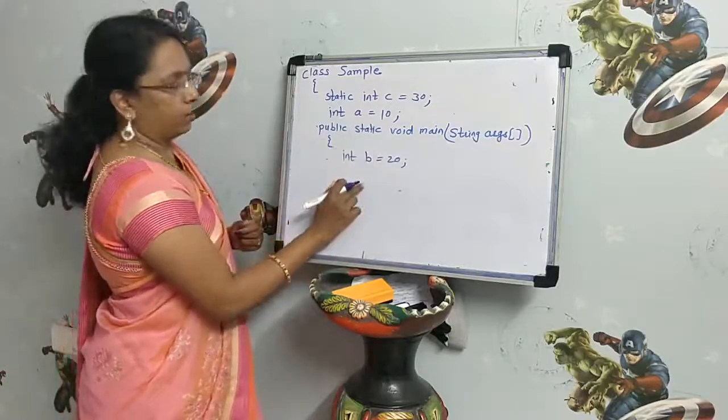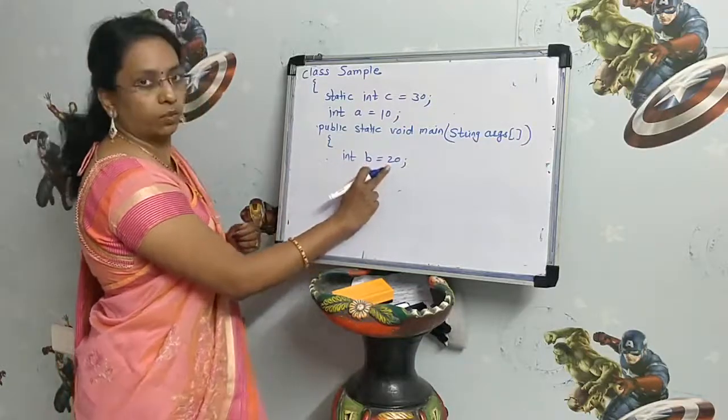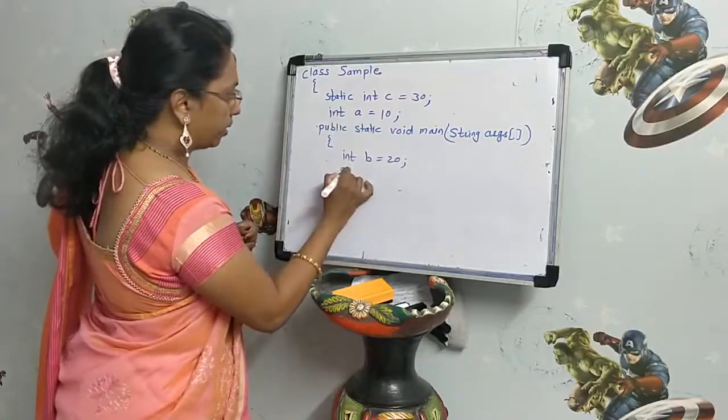Now inside this method I have written one more variable as b and initialized with value 20. Now let's print these variables.